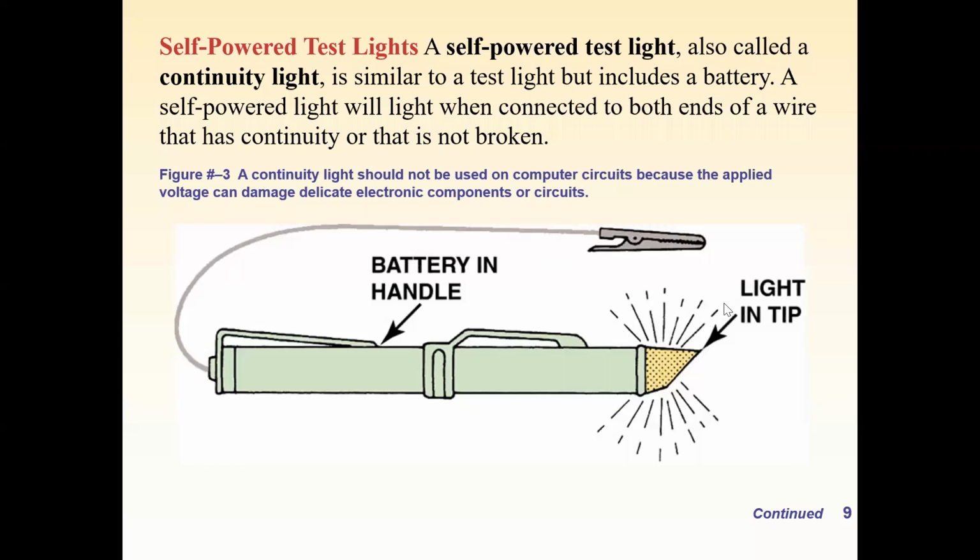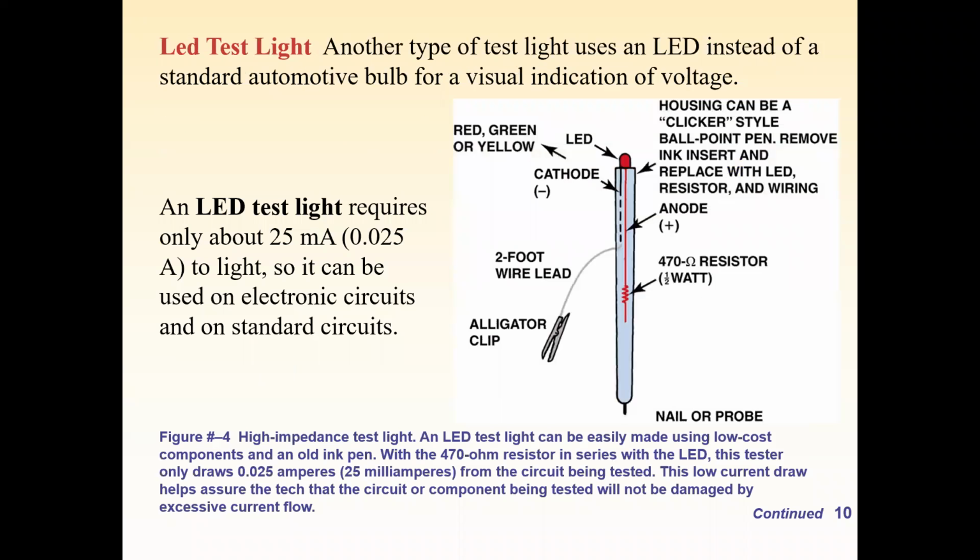So this helps us identify continuity in the circuit, and since it is battery operated, we don't rely on the current in the wire for glowing the bulb.